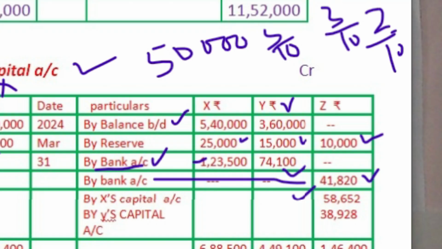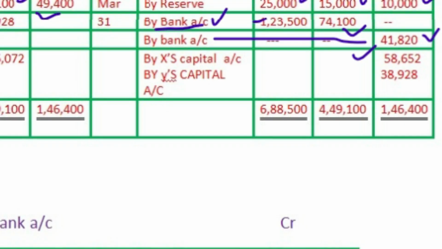Now partner Z has become insolvent. Now the second step of Garner versus Murray: first you balance the insolvent partner's capital account. The insolvent partner is Z, and he has a debit balance greater than the credit balance.